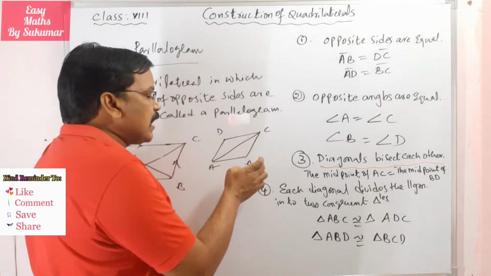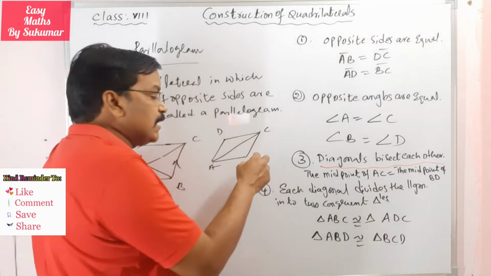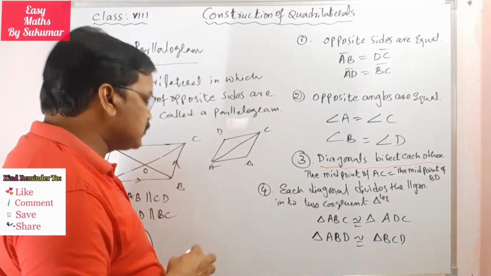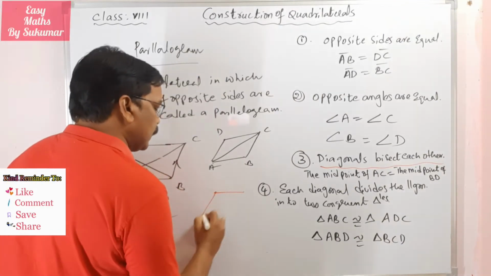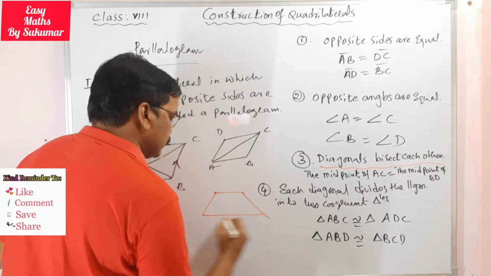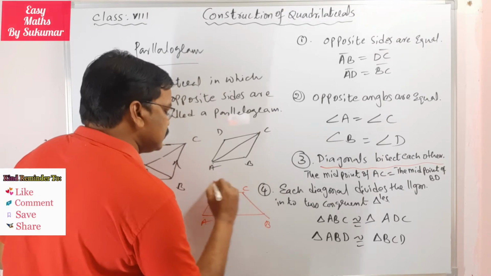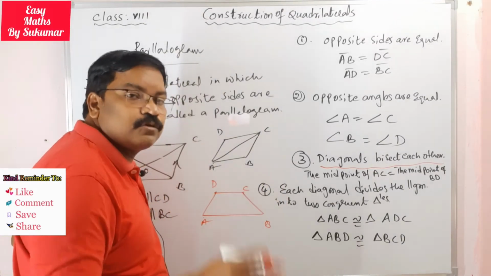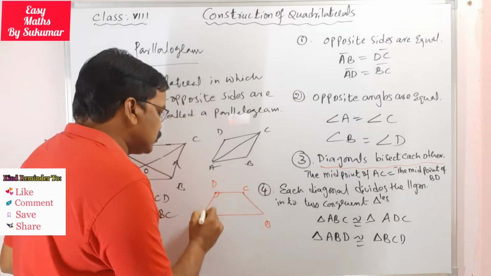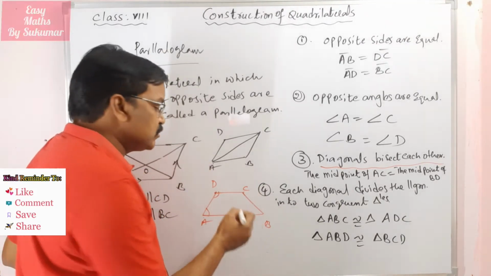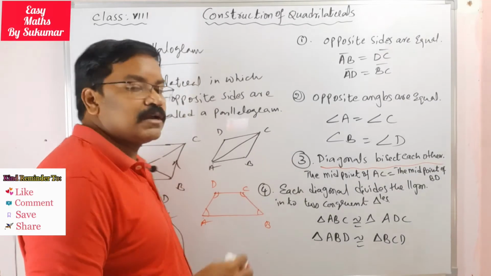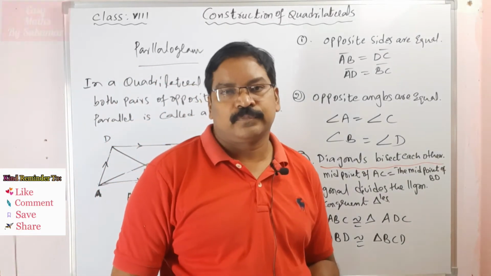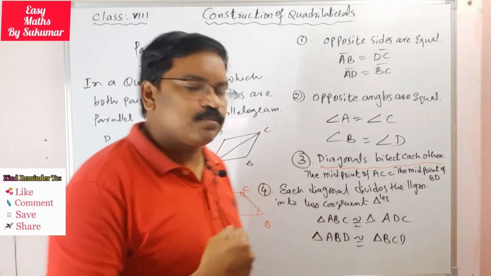Why here angle B? I am taking only angle B and angle C, or angle A and angle D. See, in your trapezium, my dear students, AB and DC only parallel. So these two sum is 180 degrees and these two sum is also 180 degrees. We have one property, parallel lines property. What is that property?